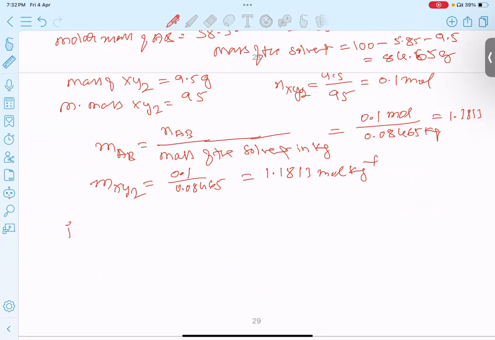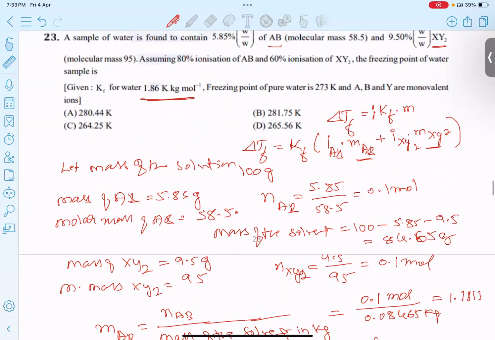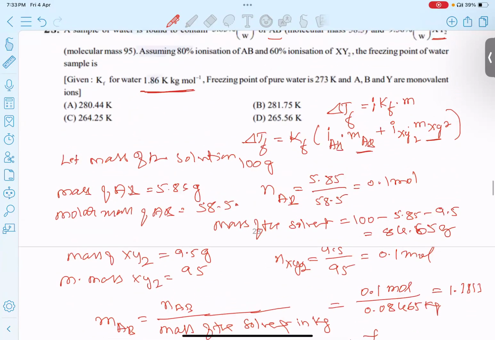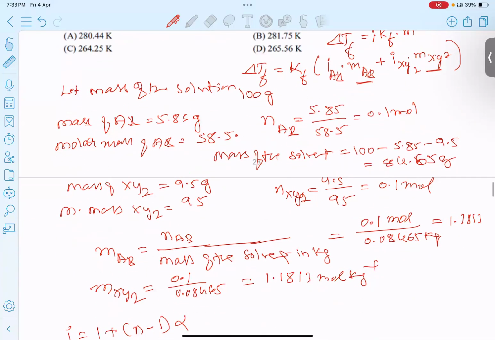For dissociation of solute particles in solution, i is equal to 1 plus (n minus 1) into alpha. Here n is the number of ions produced after dissociation, and alpha is the degree of dissociation. The degree of dissociation is given, that is 80% for AB and 60% for XY2. 80% means 0.8, so alpha for AB is 0.8.